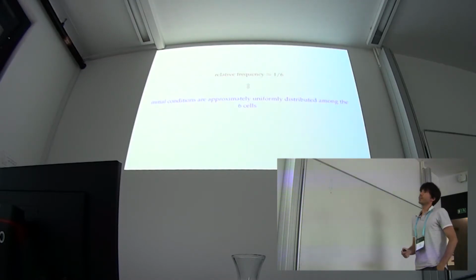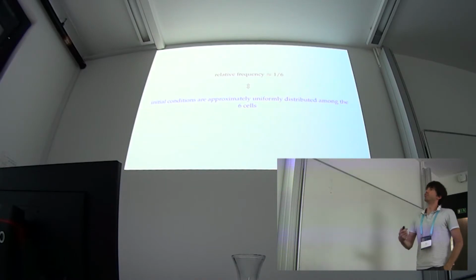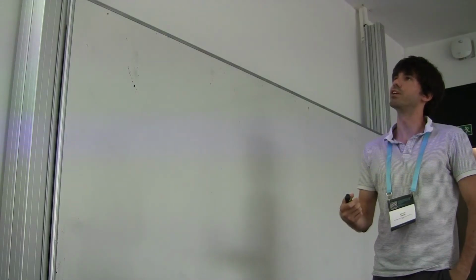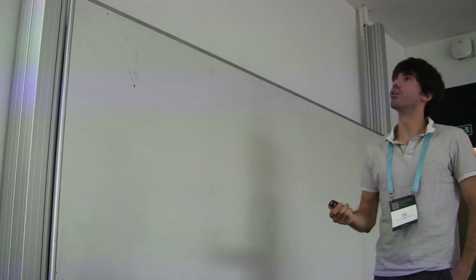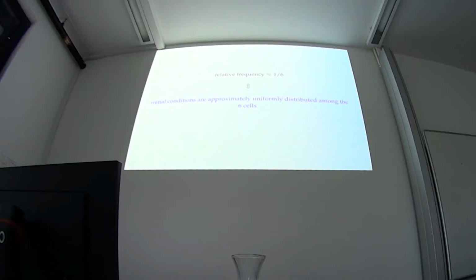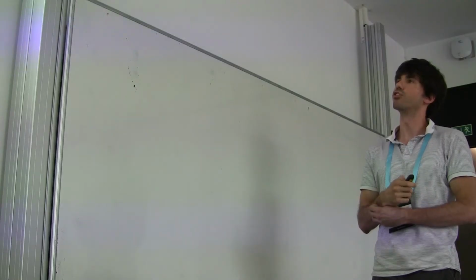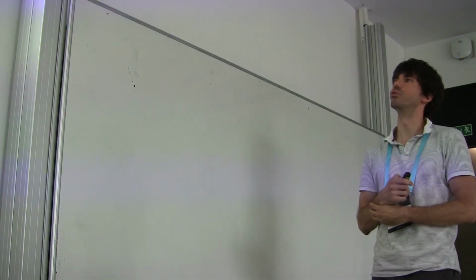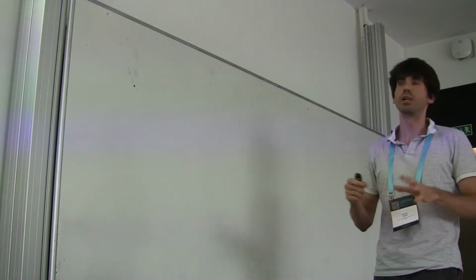Now, if the relative frequency of each outcome is around 1/6, that just means in terms of phase space that the initial conditions in this sample are approximately uniformly distributed among the 6 phase cells, right?